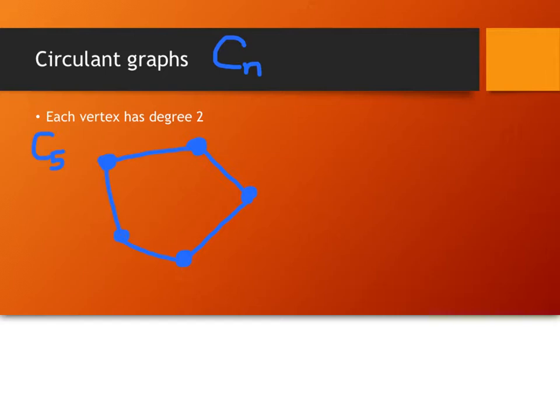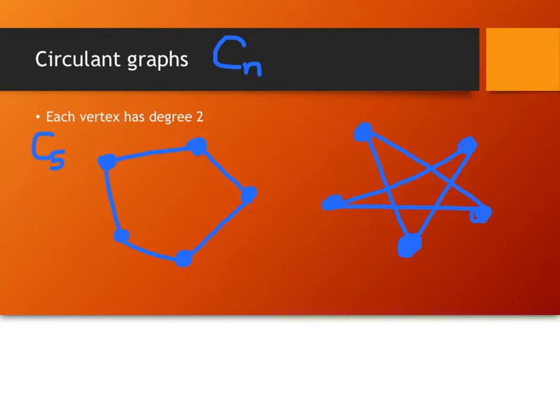Now, I don't want you to think that that's the only way I can draw it, because you could have 5 different points, and you could draw the circulant graph in a very different way. Here's another way you could draw it.